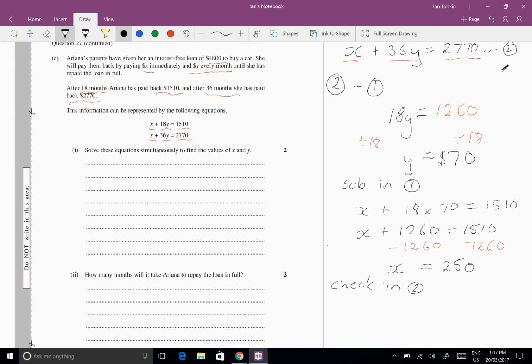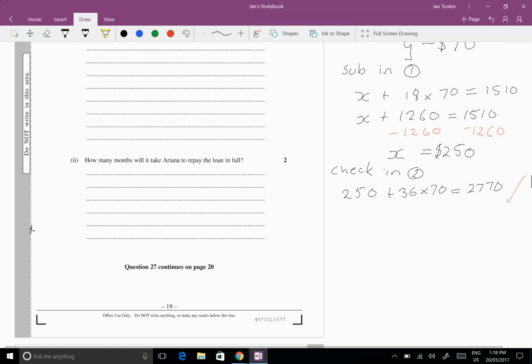So 250 plus 36 times 70 equals, on my calculator, 2770, which is the same as the equation, which means I know I'm correct. So I've got x and I've got y. And remember, they're dollar amounts. X is the original amount and y is the monthly amount.